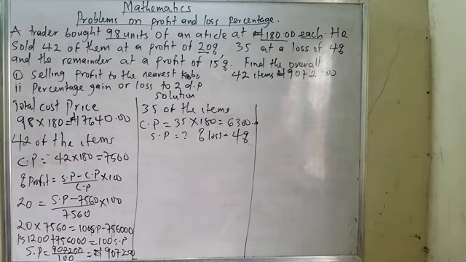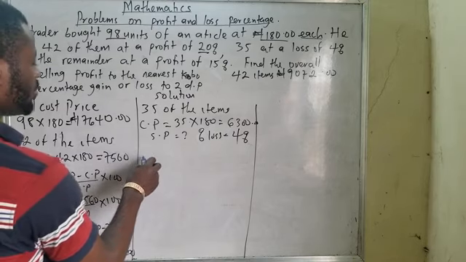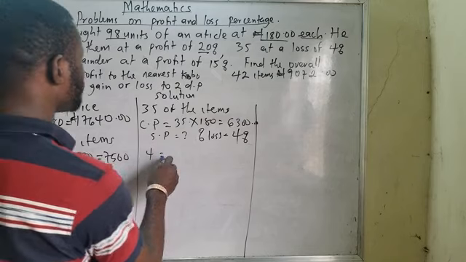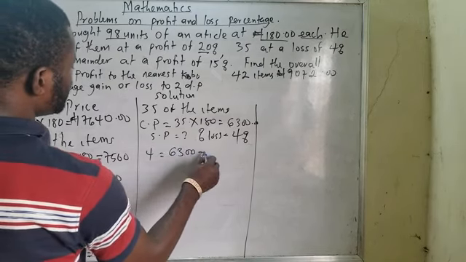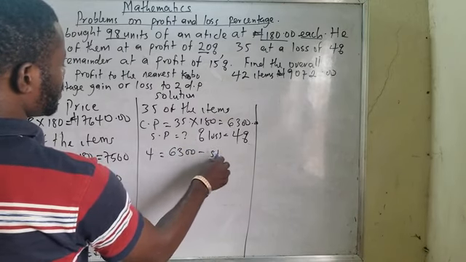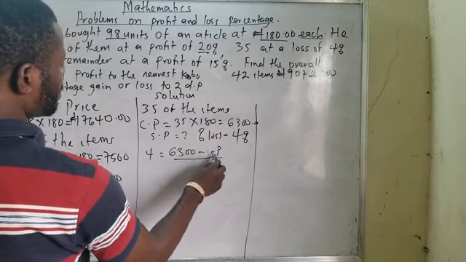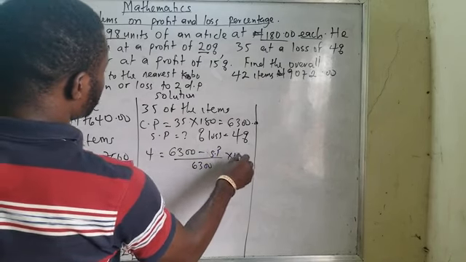Since I know that, I can now continue by having percentage loss, which is 4, equals 6,300 minus selling price, divided by 6,300, multiplied by 100.